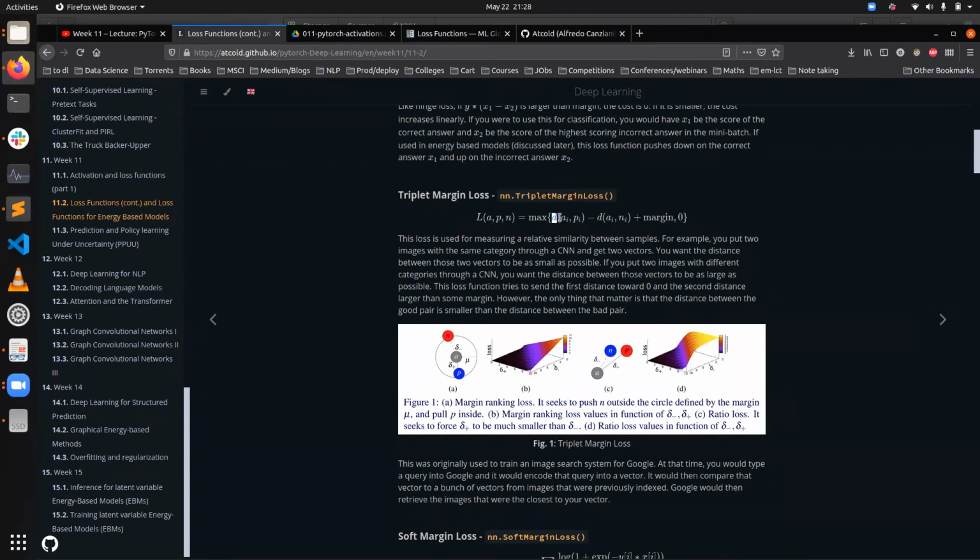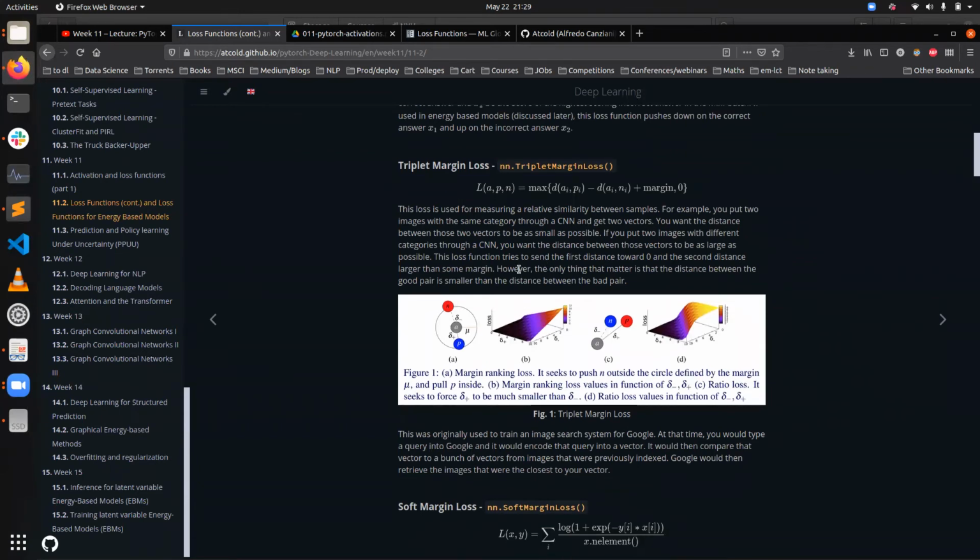It could be Euclidean, but usually we don't take Euclidean. It's something like cosine embedding loss, I think. So the distance between two cat images should be less than the distance between a cat image and a table image by at least a margin. That's what this loss means.